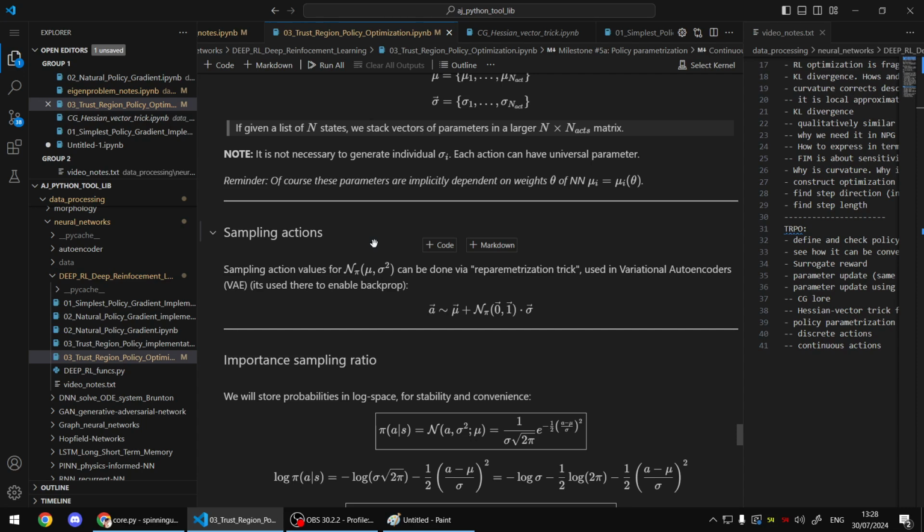Well, in this case, we can use this trick, which you can encounter in variational autoencoders, called the reparametrization trick. There are a lot of tricks in machine learning, which is kind of hilarious if someone calls something a trick.